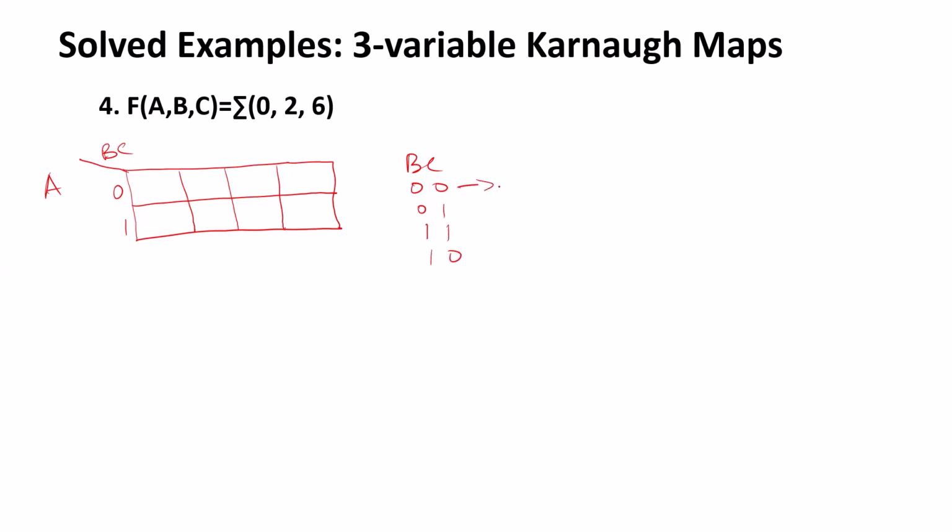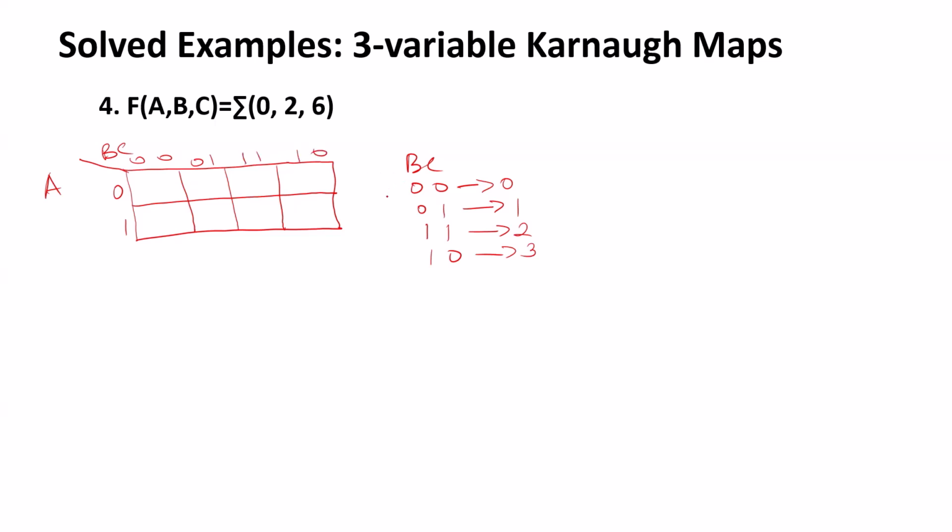So this goes to cell 0, this goes to cell 1, this goes to cell 2, and this goes to cell 3. So we have it here as 0, 0, 0, 1, 1, 1, and 1, 0.